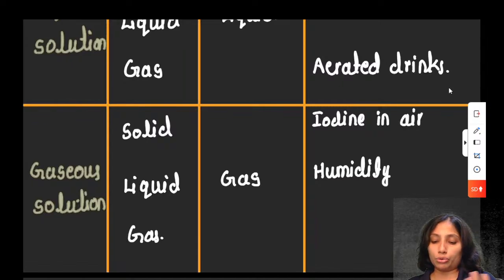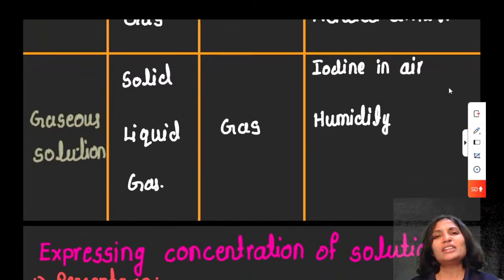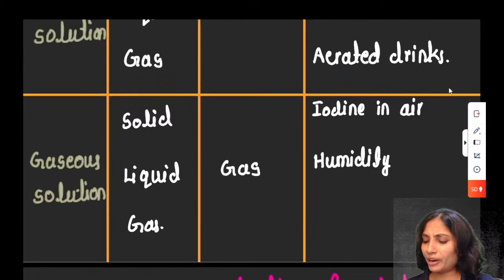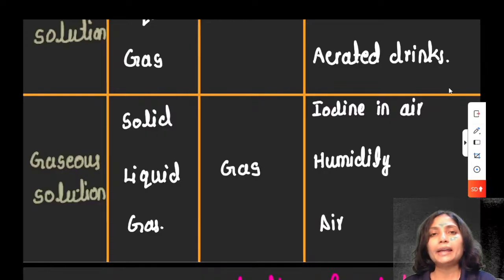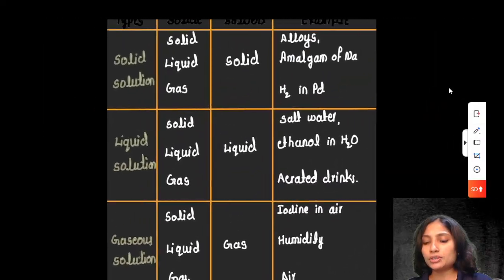That also can be given as an example for liquid in gaseous state. And the last one is gas in gas: air. Air is a mixture of different gases, it's a homogeneous mixture. Oxygen, nitrogen, hydrogen, different gases will be present together.